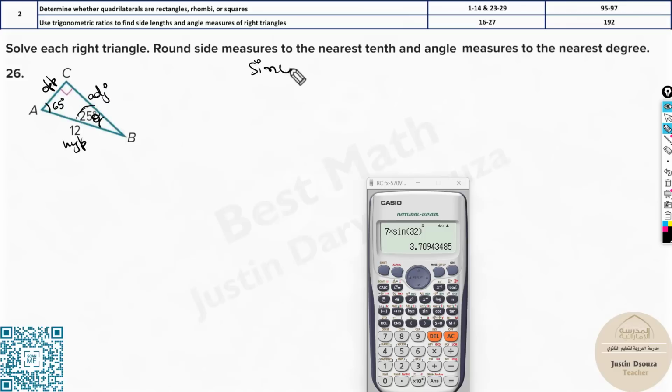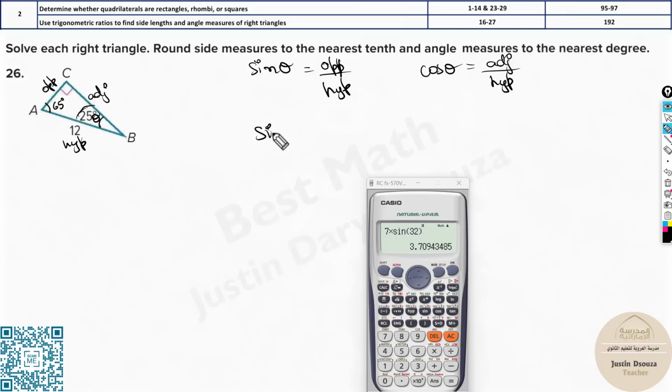So again, it will be sine theta equals opposite by adjacent. Cosine theta is adjacent by, I have written the sine theta formula wrongly, sorry for that. It's opposite by hypotenuse. This is hypotenuse, adjacent, opposite.